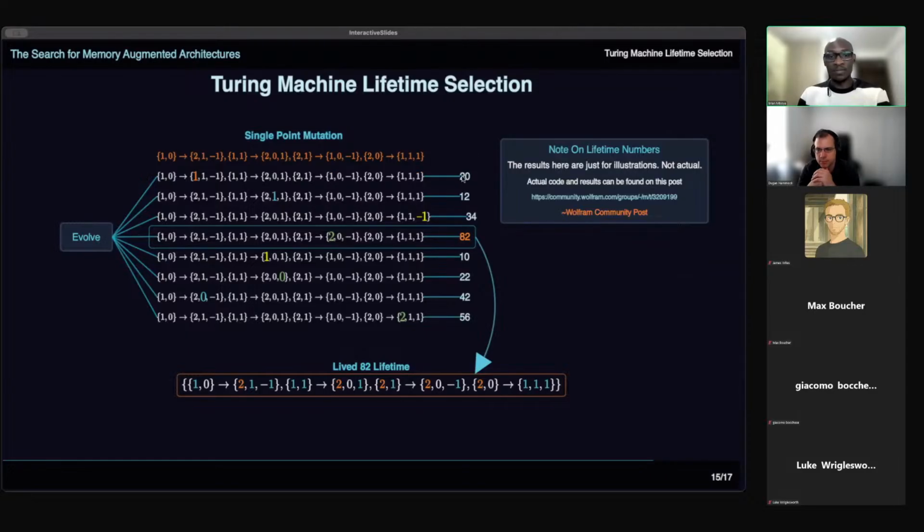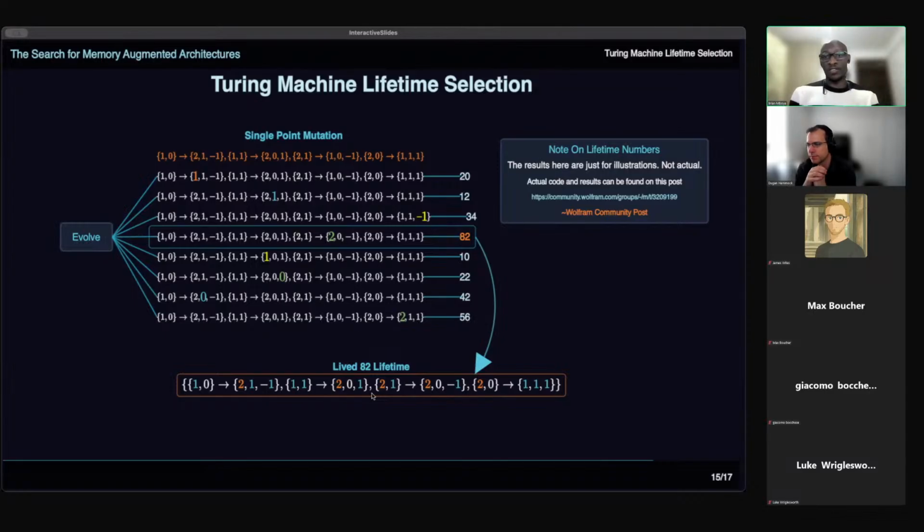This lifetime represents how many steps the system has lived. Depending on which one lived longer, you get a list of those and then take the maximum of that list, and you get the genotype of that maximum. That is what you'll be using in the next evolution. So you keep doing that, and what you have at the end of the day is a system.